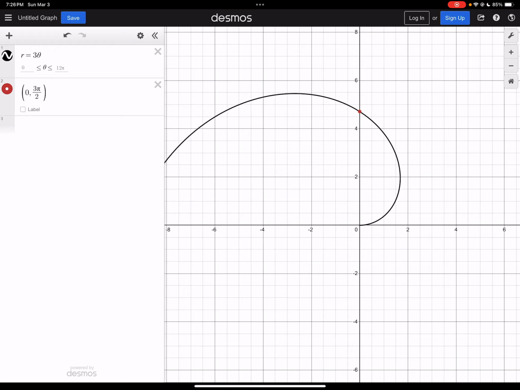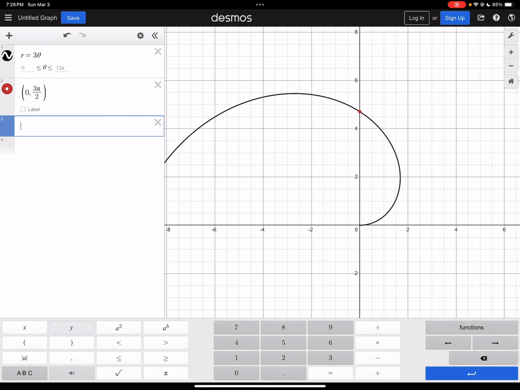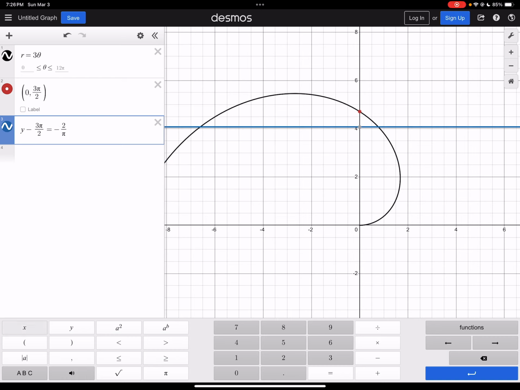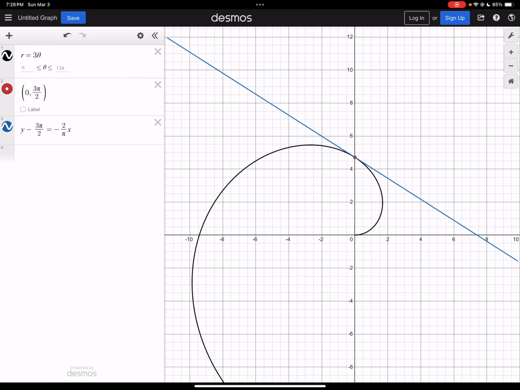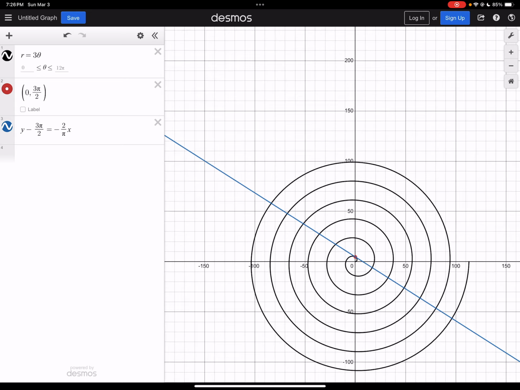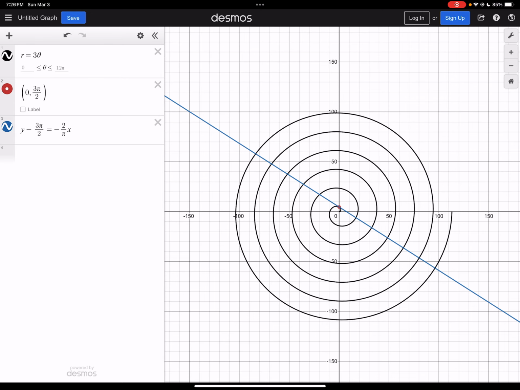It's that thing right there. What we're going to do, of course, is now plot the tangent line. It's equal to negative 2 over pi, and then x. And that right there gives us my tangent line of this polar graph right here. Pretty cute, I would say.